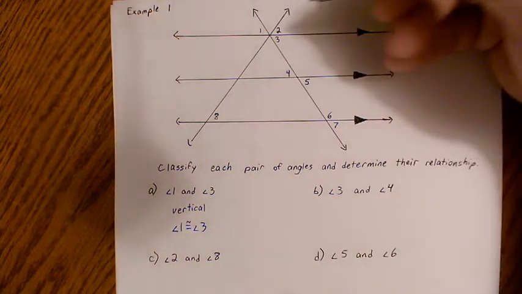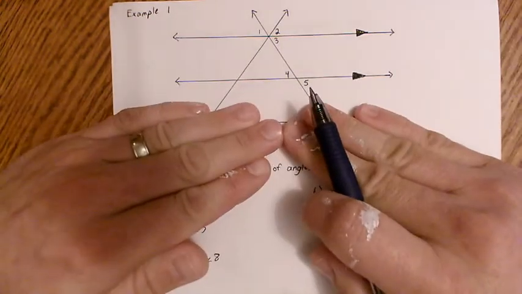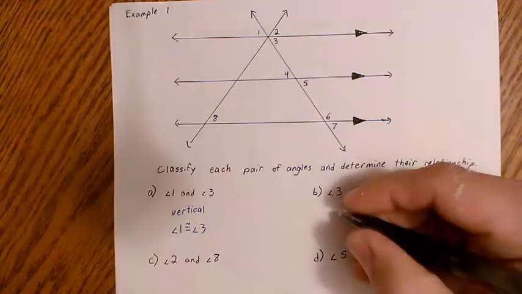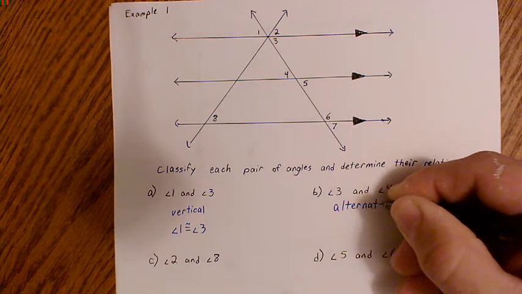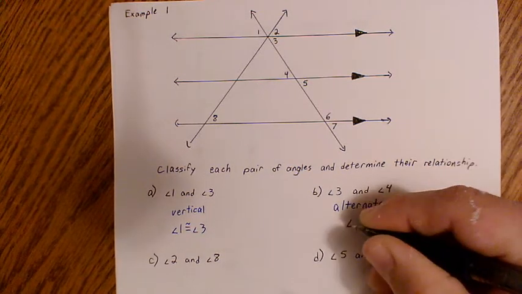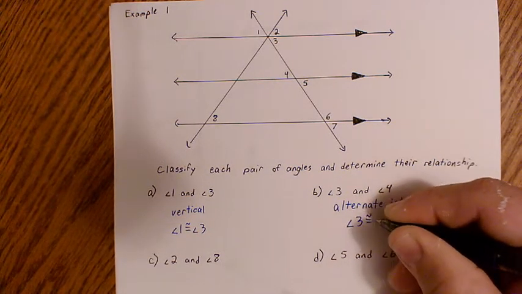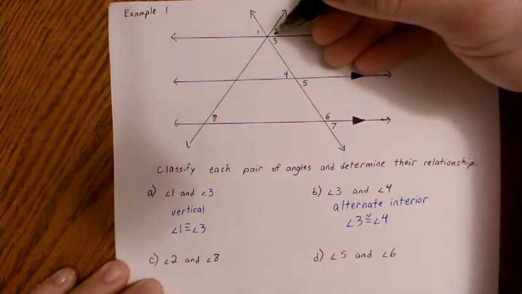For 3 and 4, you have to ignore this line and this bottom parallel line. Those would be alternate interior. And their relationship would be that they're equal or congruent, as I'm writing here. For 2 and 8, 2 is right here.